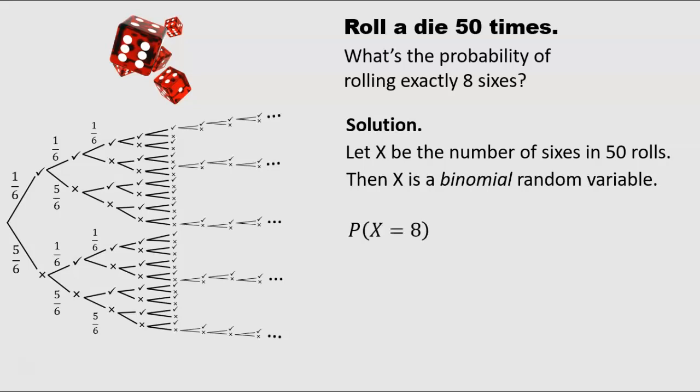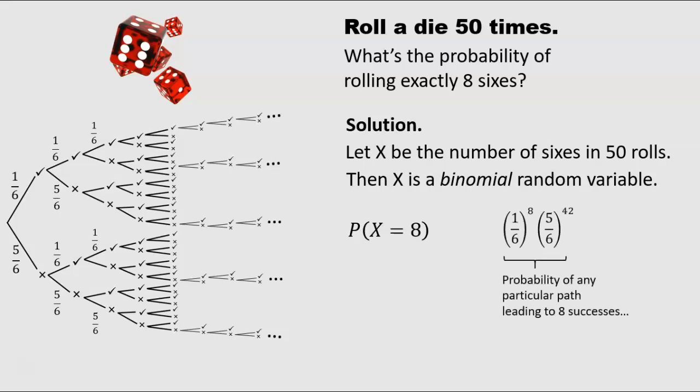To find the probability that x is 8, we first note that any particular path leading to 8 successes must involve 8 ups and 42 downs. So the probability of going down such a path is 1/6 to the 8th power times 5/6 to the 42nd power. There are, of course, many such paths with 8 ups and 42 downs. How many? By the argument we discussed earlier, there will be 50 choose 8 of them.